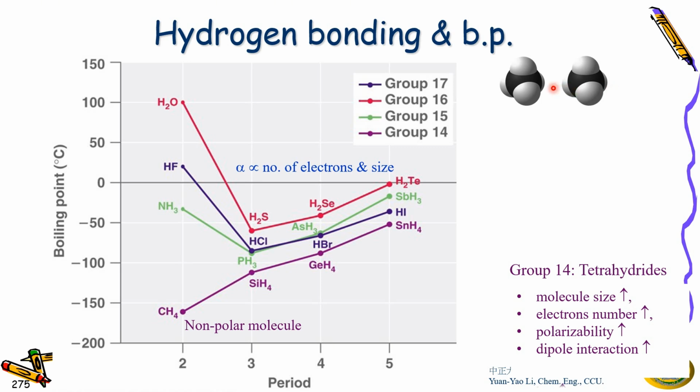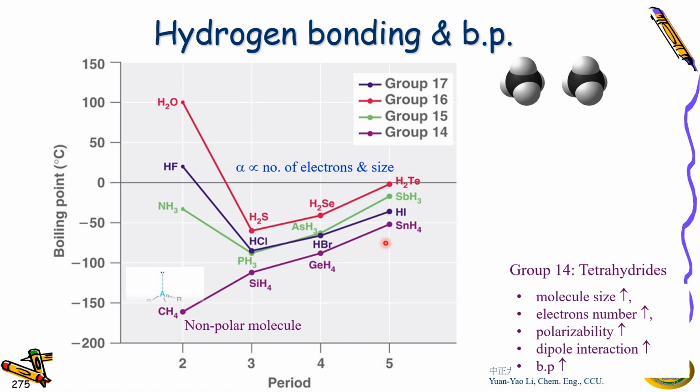That's why it requires higher energy to take these two apart. If you require high energy to take these two apart, then the temperature will be high, right? Temperature is a representation of the thermal energy. So this is the reason the boiling point will increase.